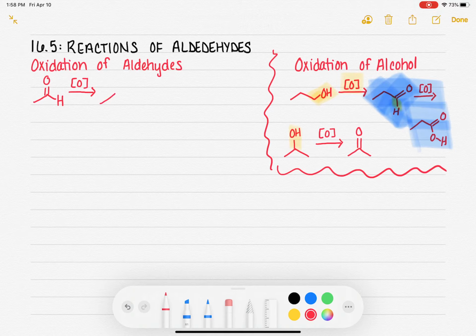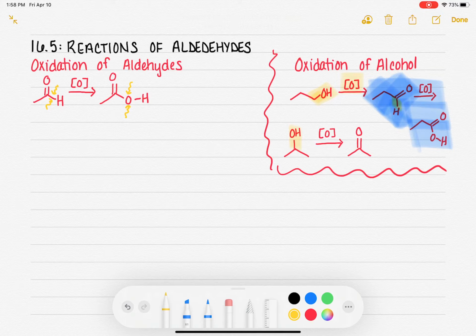So when we are doing an oxidation of an aldehyde, we are just doing this part where we manage to magically squeeze an oxygen atom right here in between that carbon-hydrogen single bond, just like that.